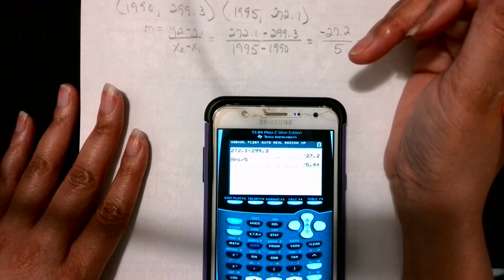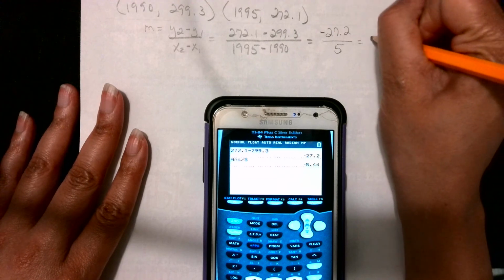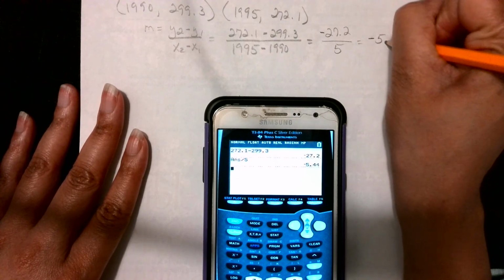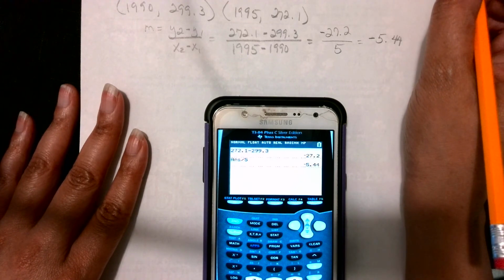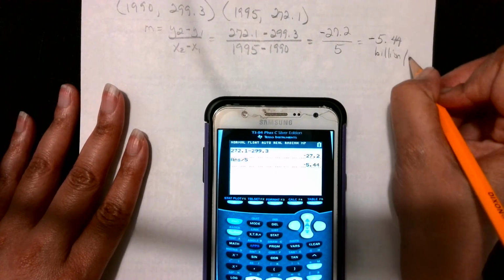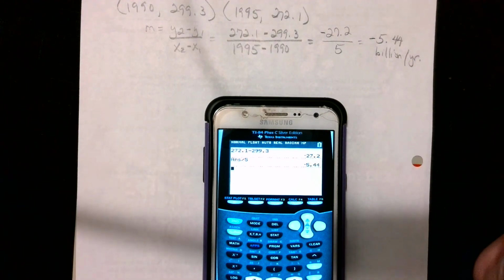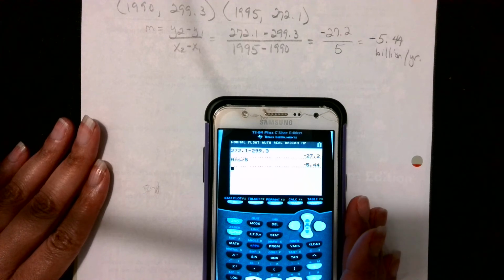And we get negative $5.44 billion per year. Okay, so spending went down. All right. B, same thing.